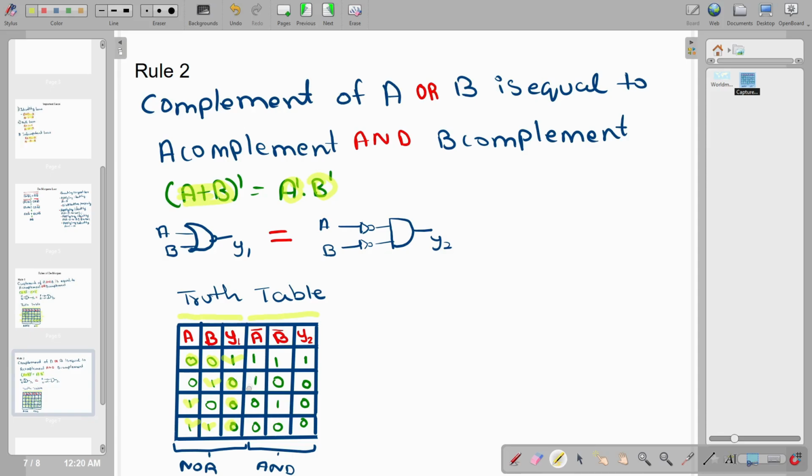And coming to the second part of the truth table, where the inputs are inversed, so 0 becomes 1 and 1 becomes 0, this part performs the AND operation, where if both the inputs are 1, the output is 1. As you can see here, when both inputs are 1, the output is 1. Otherwise, the output is 0.